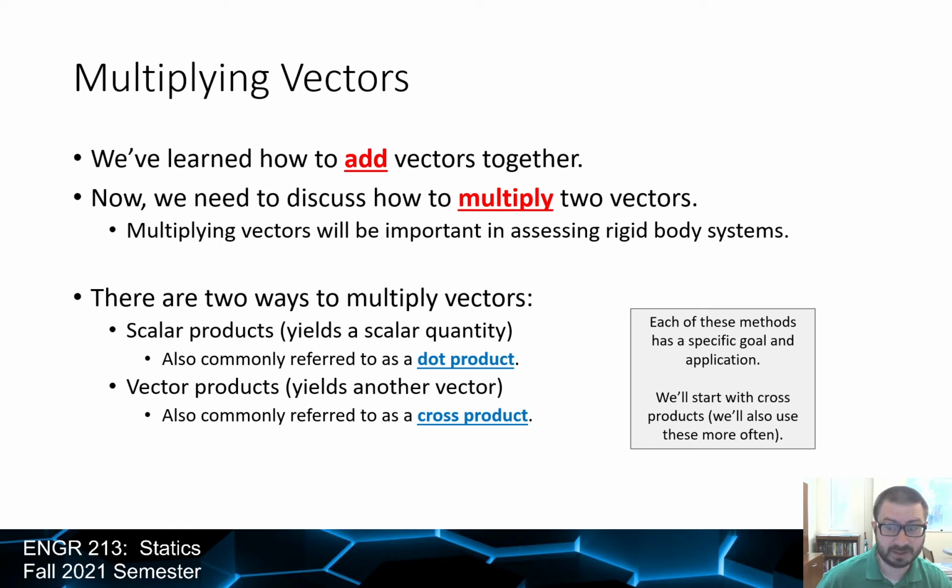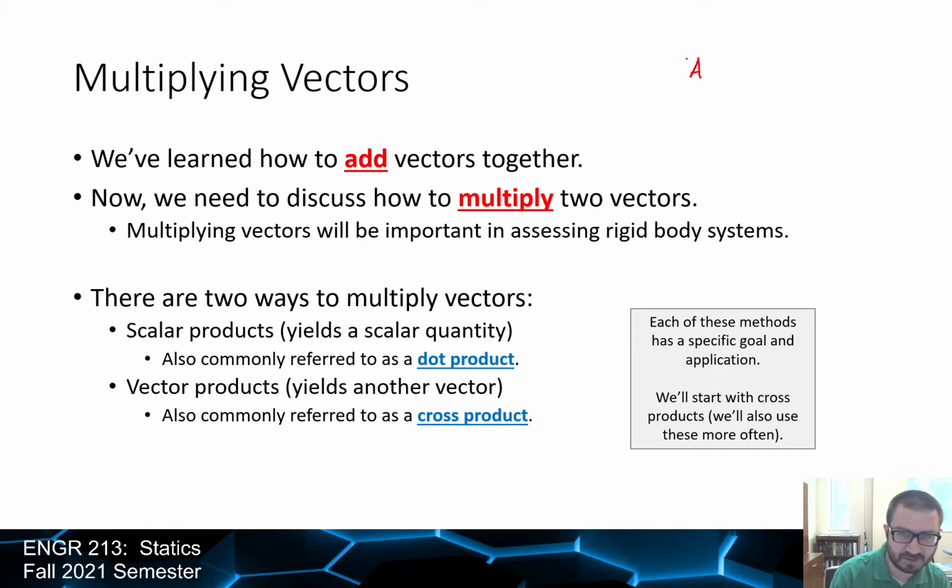Now, there's actually two ways of doing it, and it's all about what you want your result to be at the end of the day. If you want your result to be, let's say, a scalar, so you want vector A times vector B to be a number, maybe vector A times vector B is 6, that's a scalar product. And the way that we represent that is with a notation.